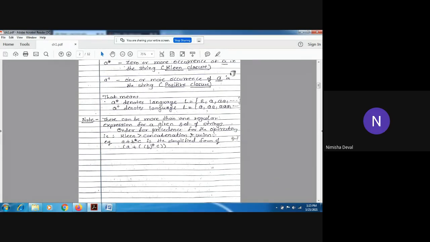Suppose they have given you this type of regular expression as a question, then you have to write its regular language. Right now you will not find out how to write it. We will solve many examples, then you can understand how to write its regular language.